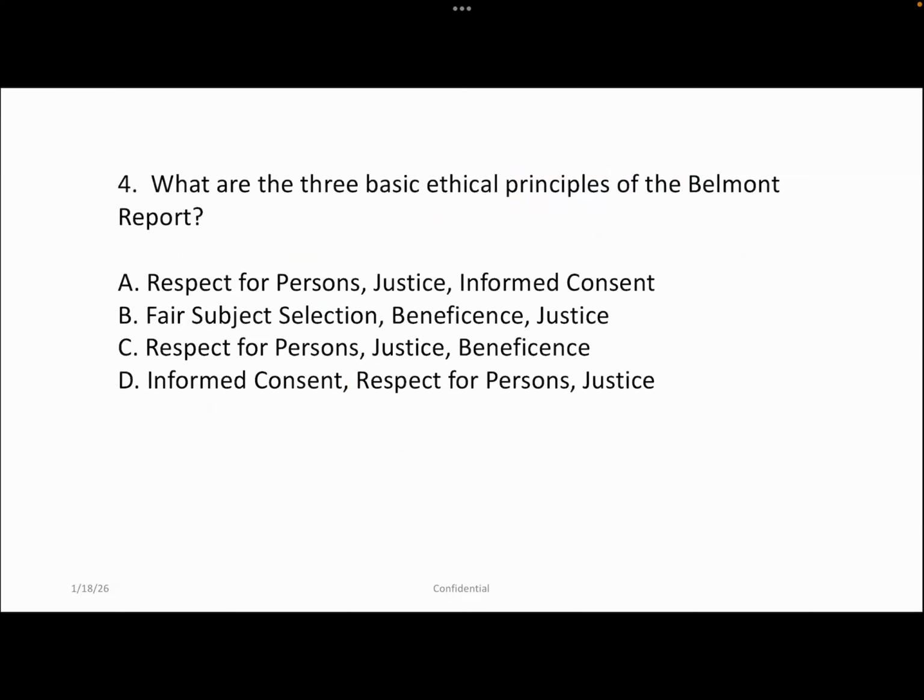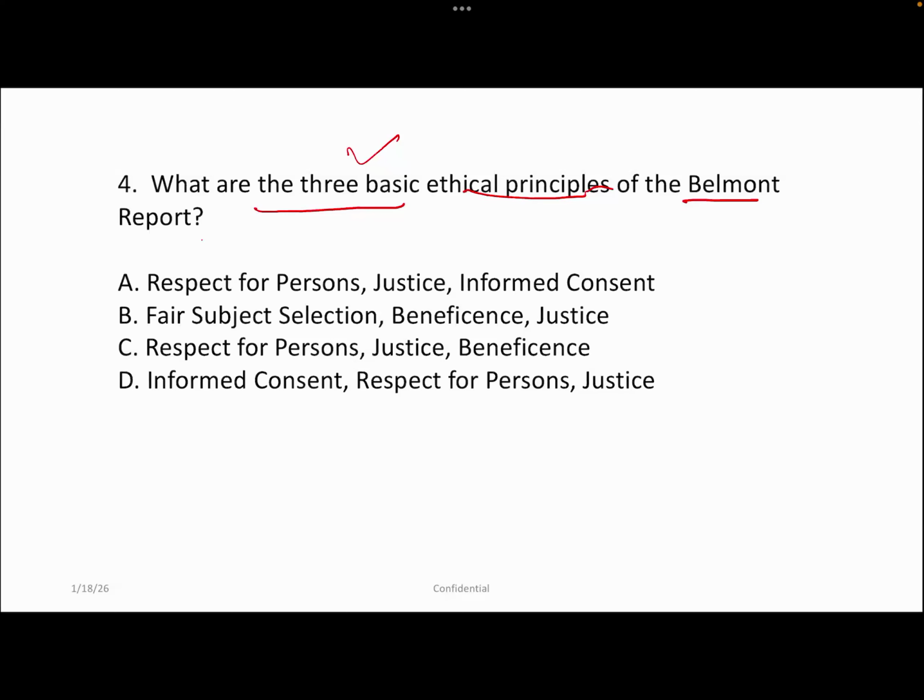What are the three basic ethical principles of the Belmont Report? These are jumbled up, so just try to give the right answer. Take your time, no hurry.